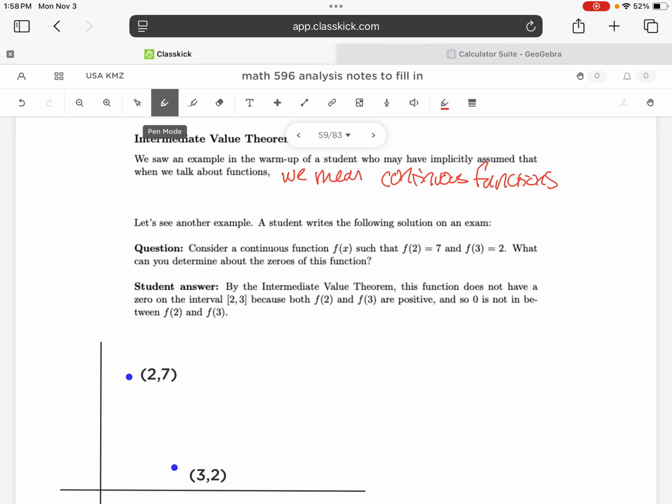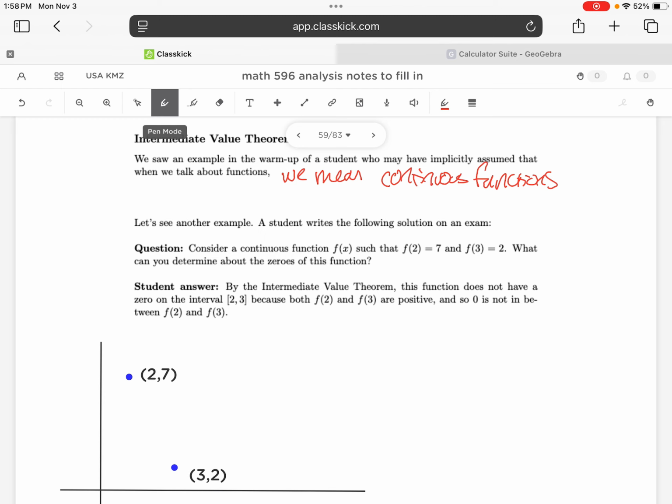Additionally, it seems that the student might have taken the intermediate value theorem to state that for a continuous function f on a closed interval, f has a 0 on the interval if and only if f(a) and f(b) have opposite signs. They might have taken that conditional statement and interpreted it as an if and only if statement. But only one direction of this statement is true, right?